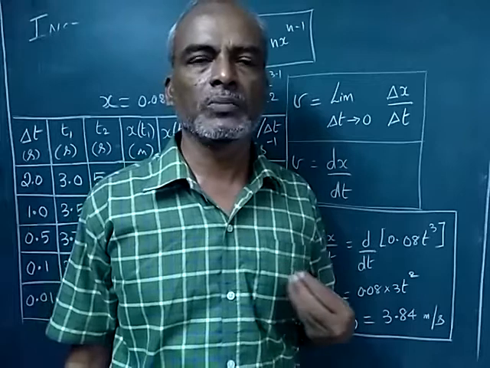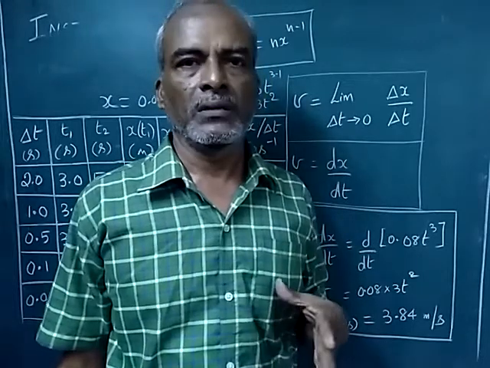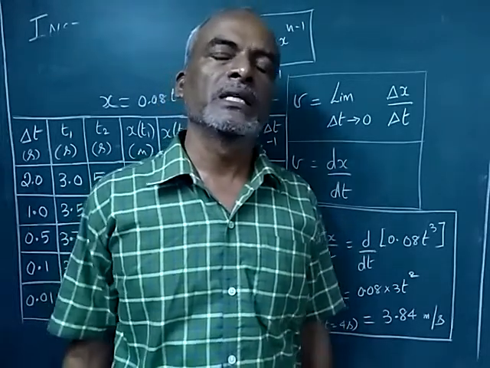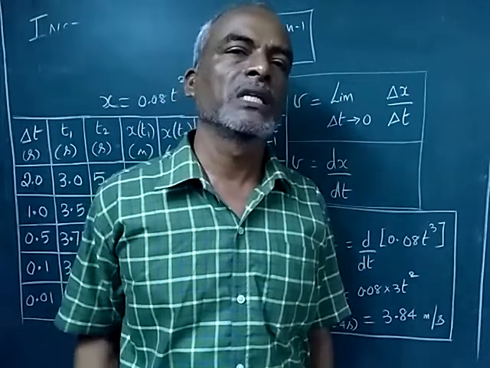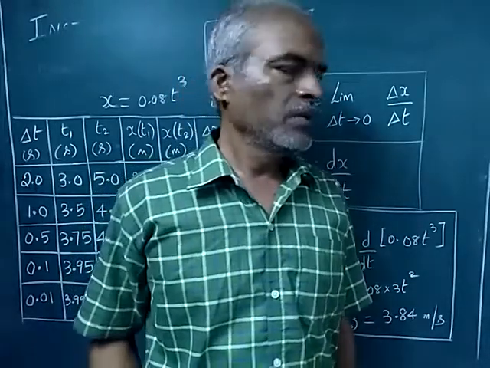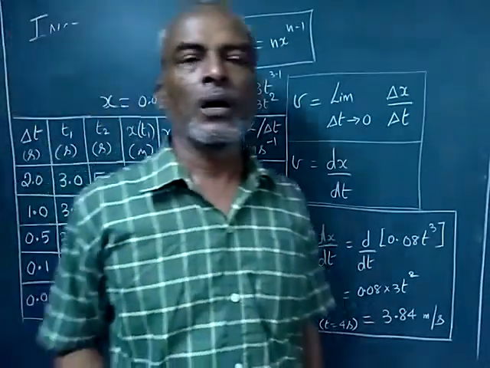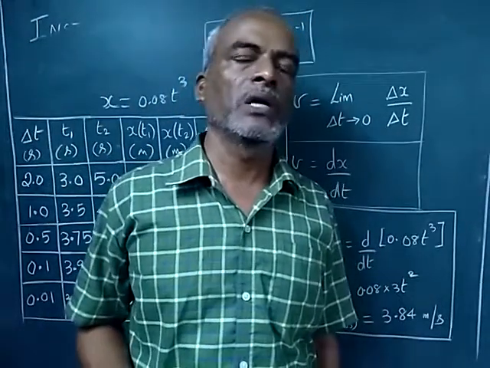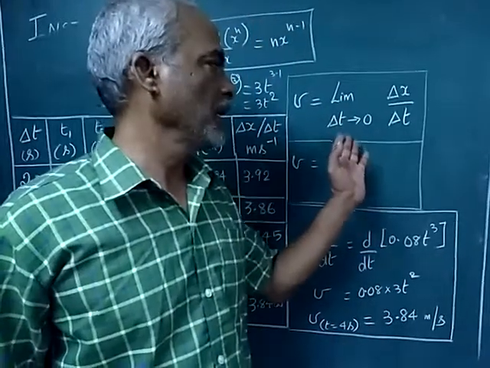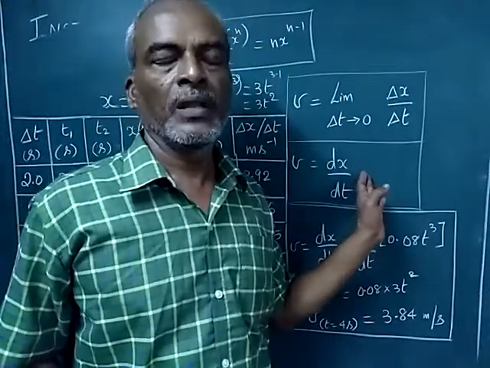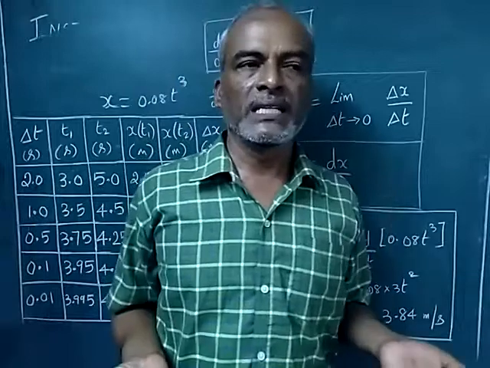So instantaneous speed is very, very easy. Just take the magnitude of instantaneous velocity, that will give you instantaneous speed. That's all about this topic. Hope you have understood how to calculate instantaneous velocity using this formula and using the second one, and what is instantaneous speed.